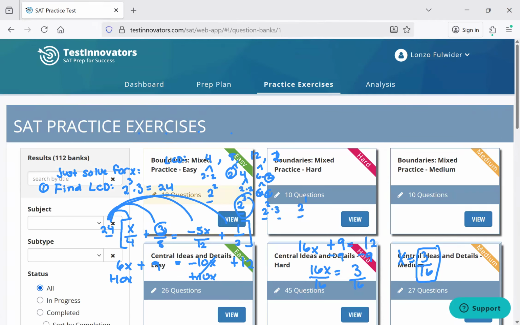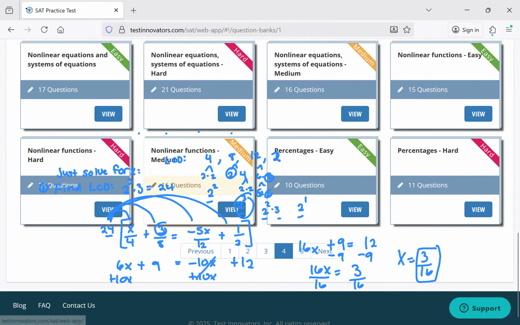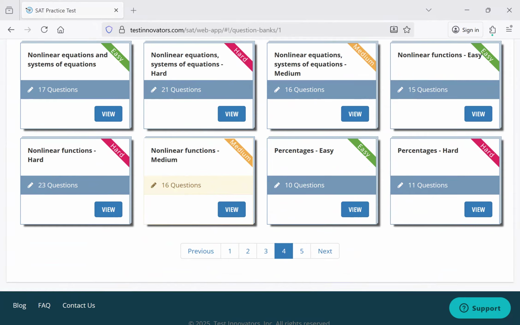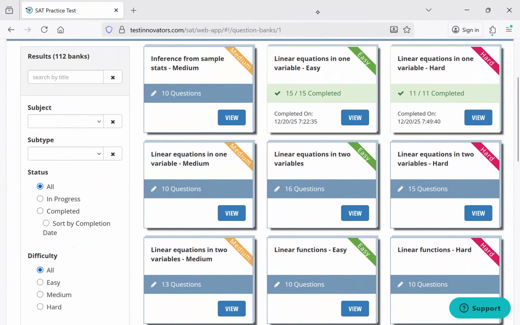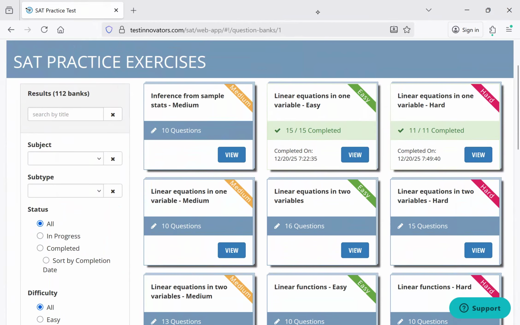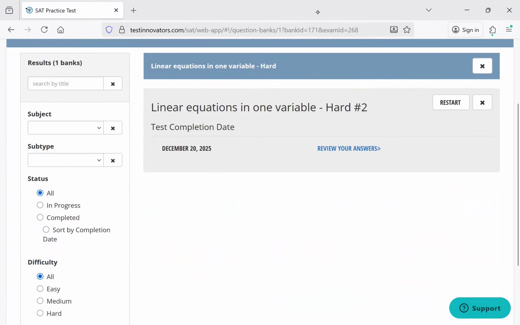Okay, this one. So this is the last part of this section.